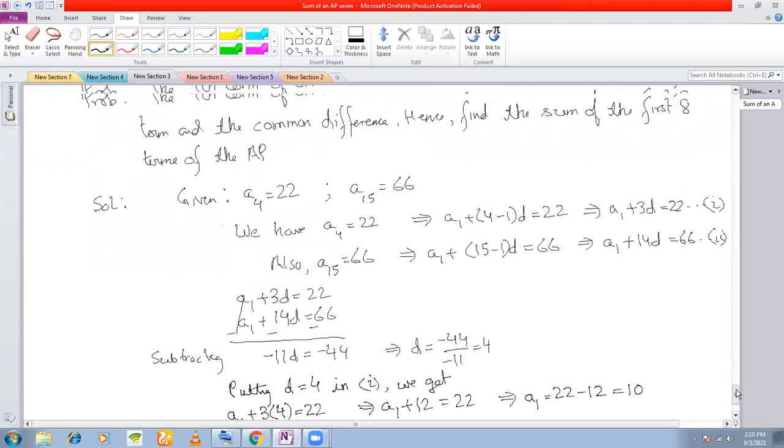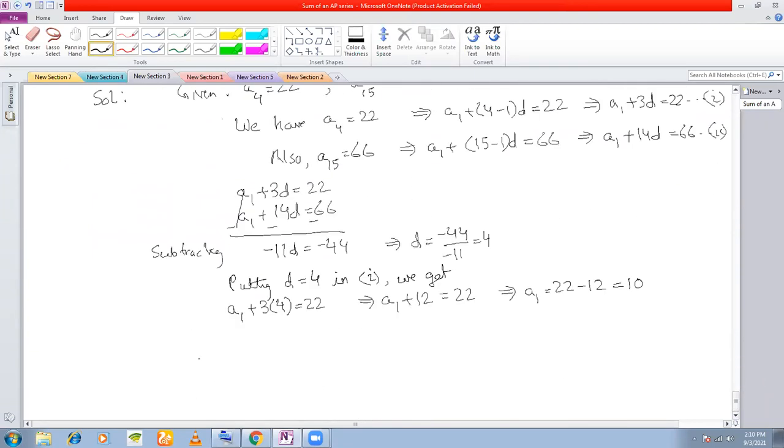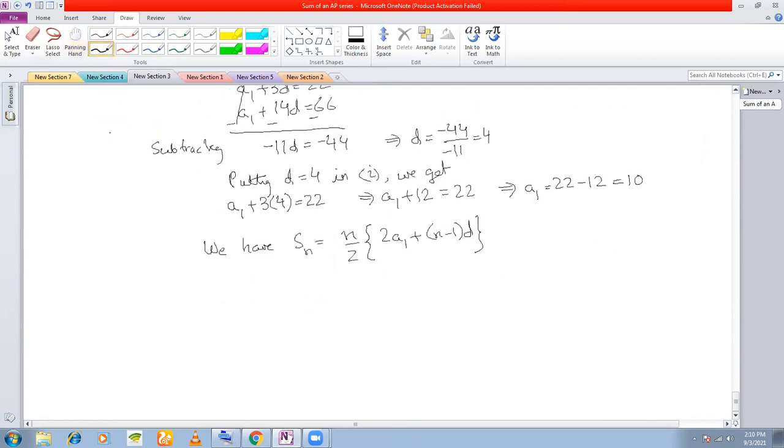Now the next question is the sum of the first 8 terms of the AP. First, write down the formula for n terms. Put the values. S8, we need to find the sum of the first 8 terms.